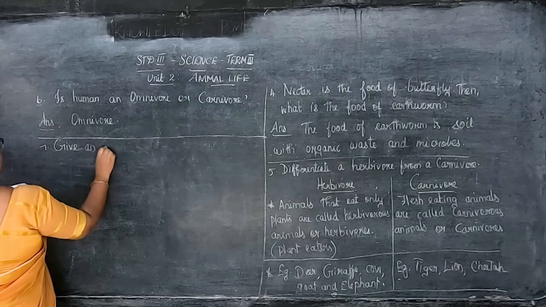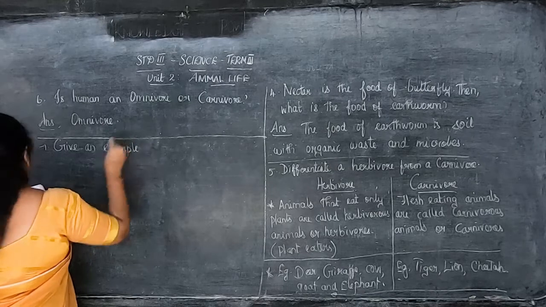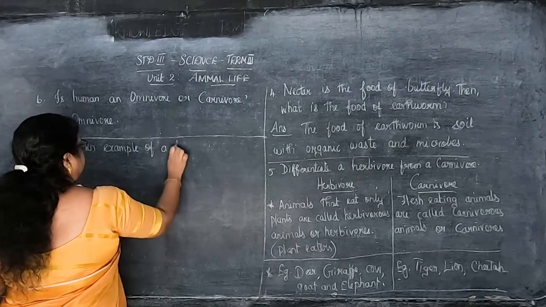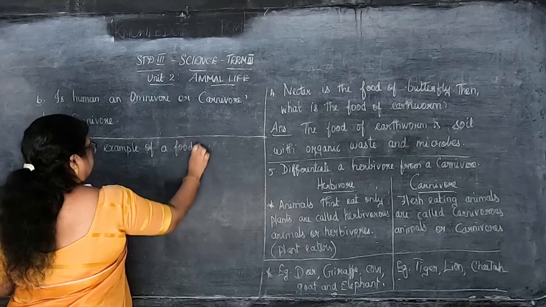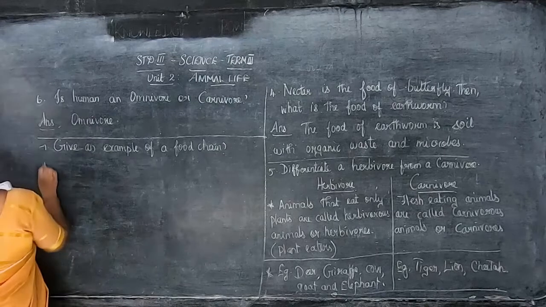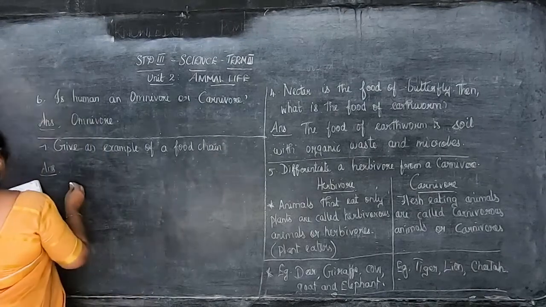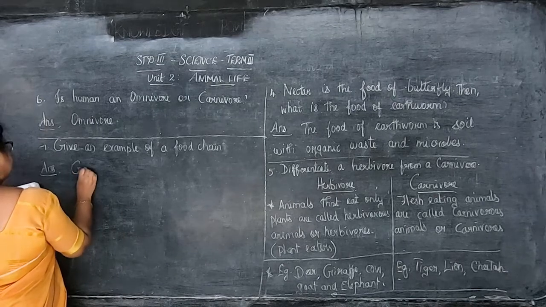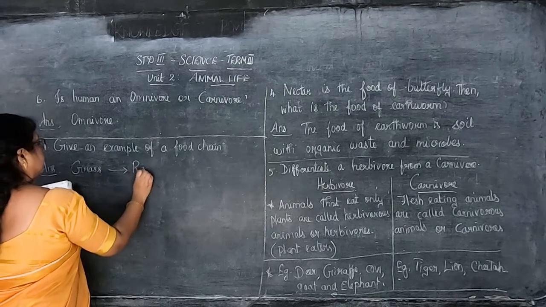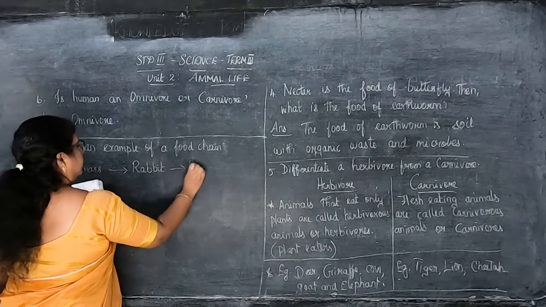Next, give an example of a food chain. Give an example of a food chain. Answer is grass, rabbit, snake.